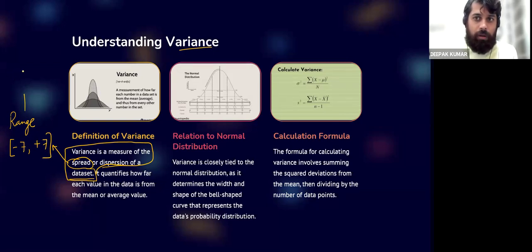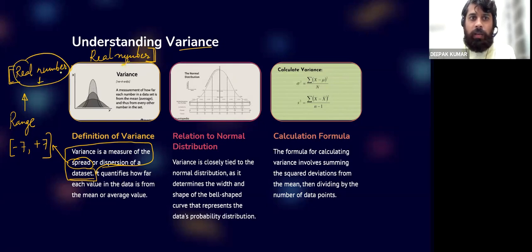Range could be from any real number to any other real number, and it is given by this big bracket, mind it, big bracket, real number 1 and real number 2. So these two real numbers will give you a range.